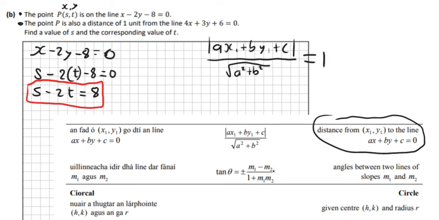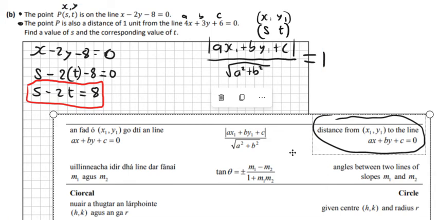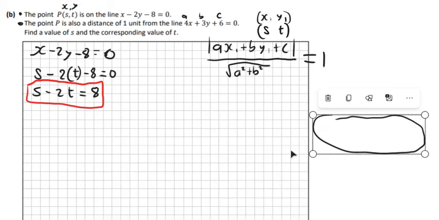So our a will be 4, our b will be 3, and our c will be 6, and then our x1, y1 in this case will be s and t. So then we're just subbing them all in and we'll get another equation with s and t in them.